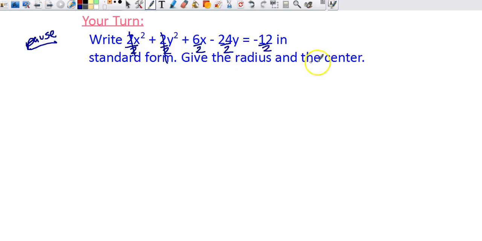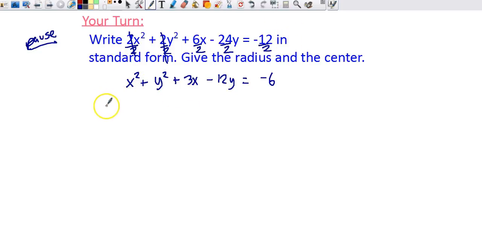So we want to get the radius and the center of this one. So x squared plus y squared plus 3x minus 12y equals negative 6. And this is just unit inches, so I'm not going to bother writing that now. Oh, in standard form. Never mind.